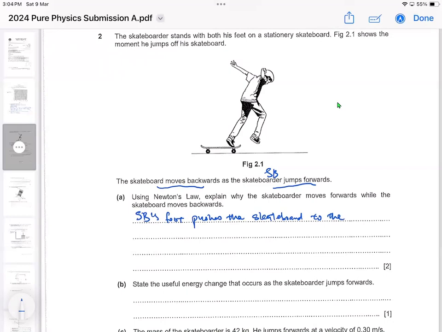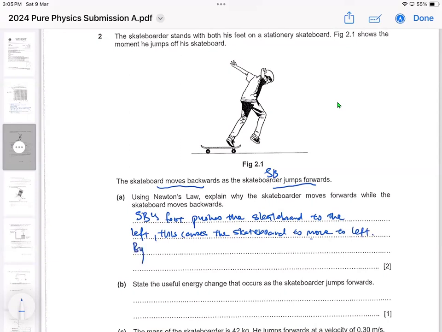That means it actually kicks the skateboard to the left, and this causes the skateboard to move to the left. So this is the applied force kicking it backwards.